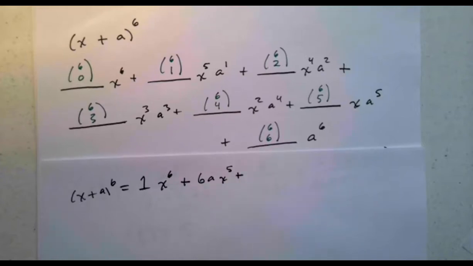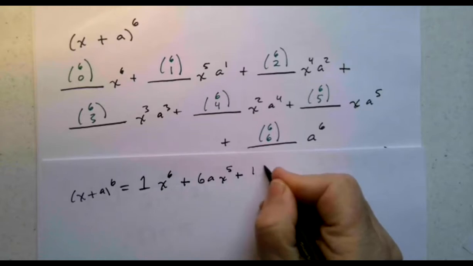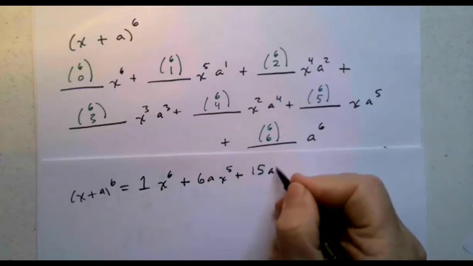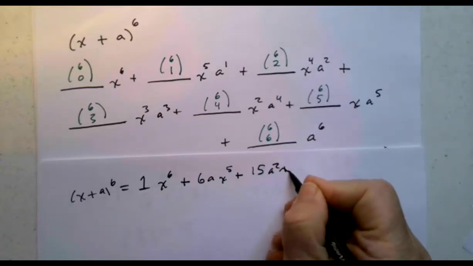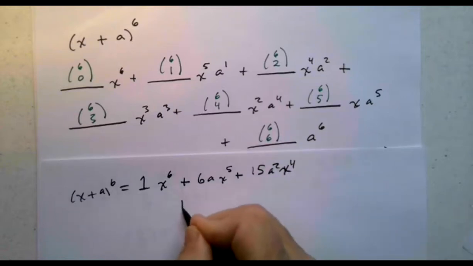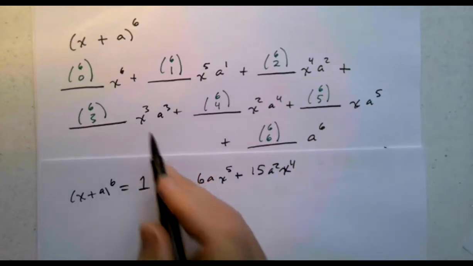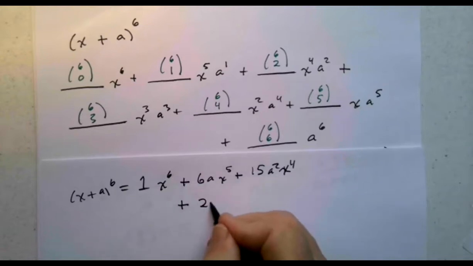So continuing with that idea, 6 choose 2 is 15. A squared x to the fourth, plus 6 choose 3 is 20.